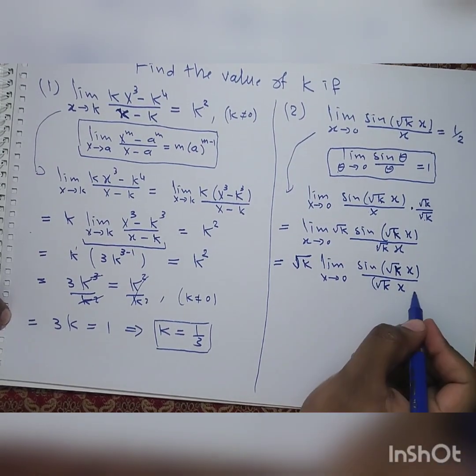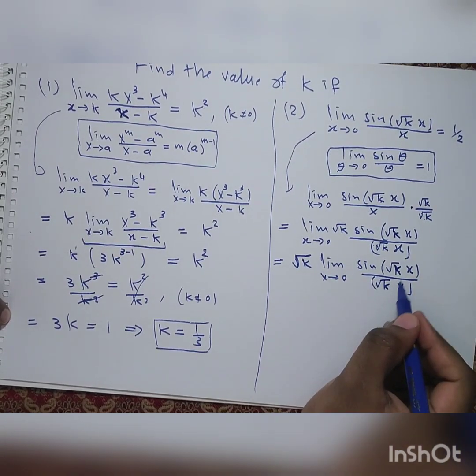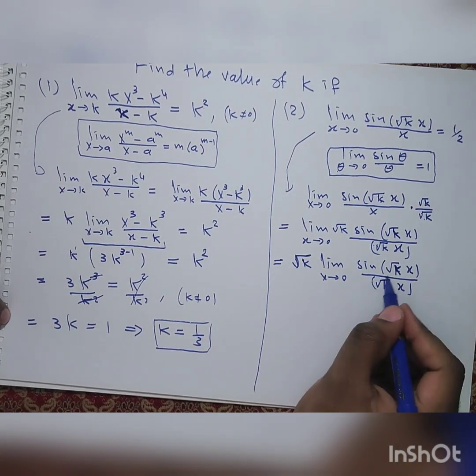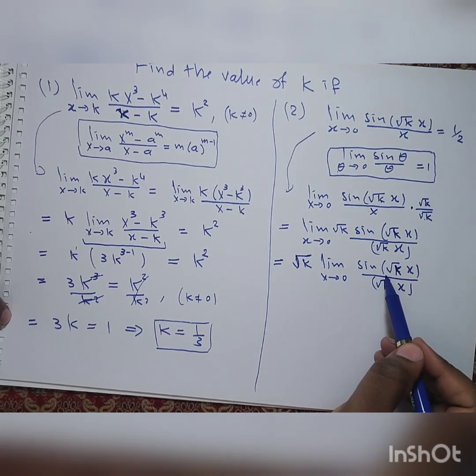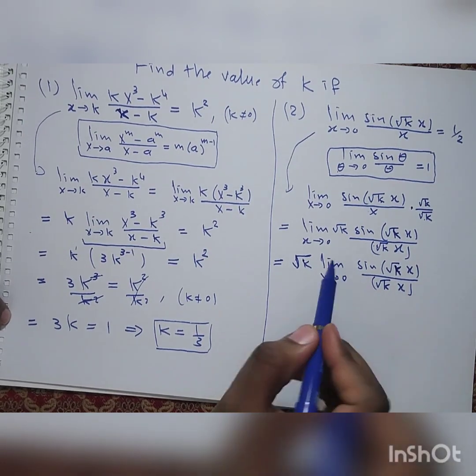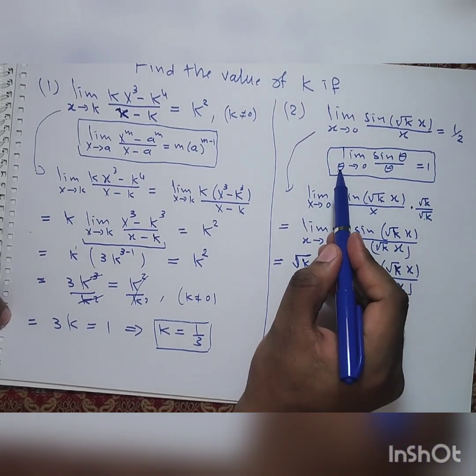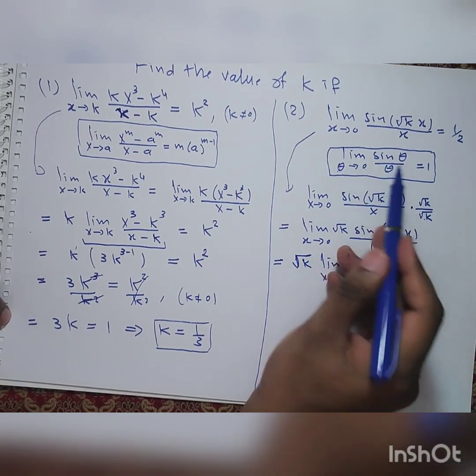Now you see that here we have two similar angles. If this is theta, then theta in this case is equal to radical k times x in both cases. Notice that the angle theta here approaches 0, as you see.